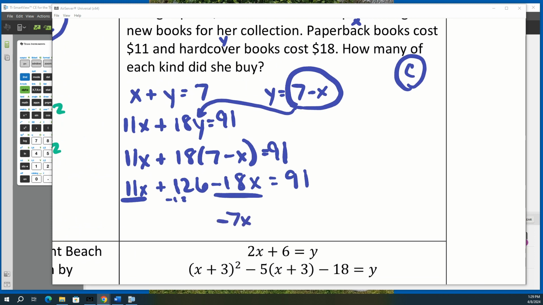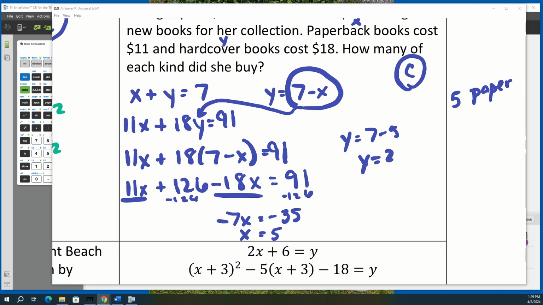I'll subtract the 126. All right, I'm going to get that x is 5. So what does that mean? Y is 2, but what is 5? 5 paperback books. And then I know that y is 7 minus 5. And 2 hardback books.